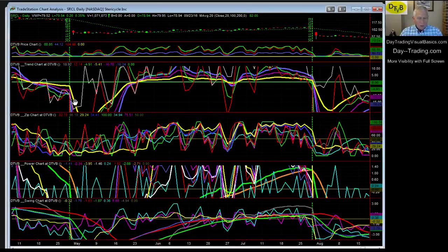So how I would look at putting a scan together on this particular one would be, I would just say trend red is the lowest. You could say trend red is under green, but in both cases trend red is the lowest. And that might be the best way to write it, because there might be some others out there that have gaps like this that have red not lowest.